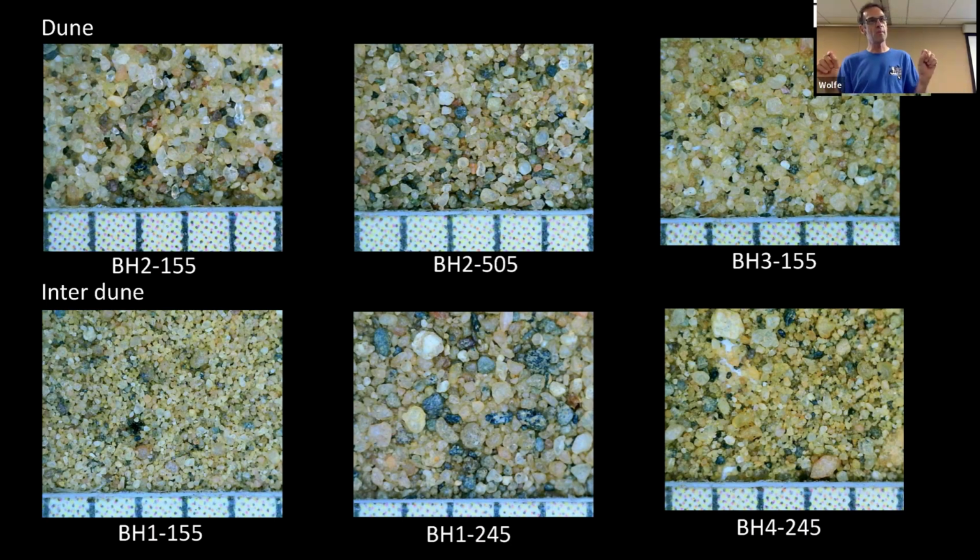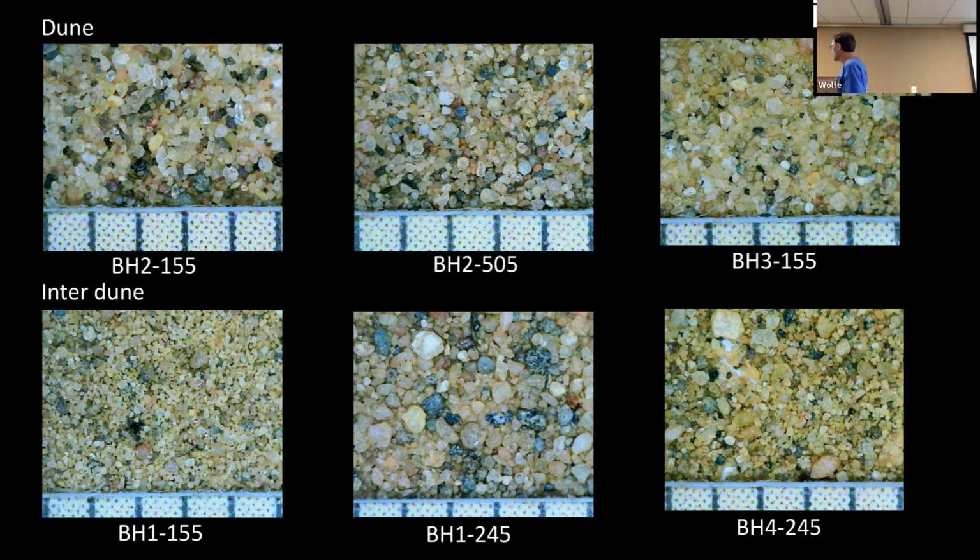The ones at the top were taken from the Overlook Dune. The ones at the bottom were taken from those low areas, like at number 1, and again farther over in borehole number 4. The one on the left here has really small grains, but then there's some big grains too.